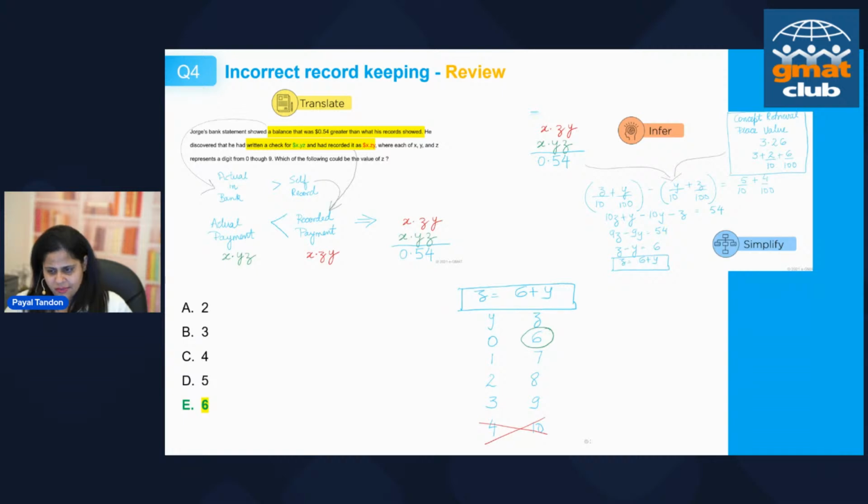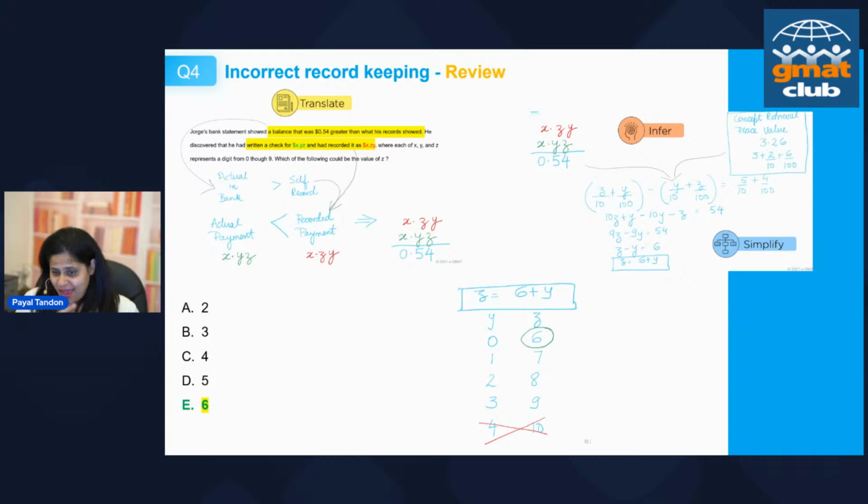Okay, what else? So, Kuldeep, when you're saying can we consider z is equal to 3, in your scenario, z is equal to 9, z is not equal to 3. So understand that part here.